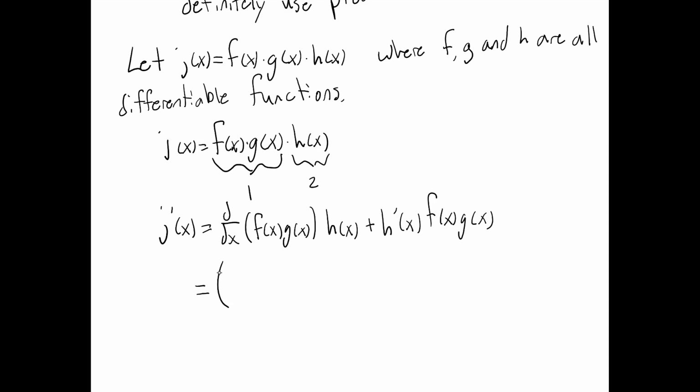It is the derivative of the first times the second plus the derivative of the second times the first, and that whole thing is being multiplied by h of x.